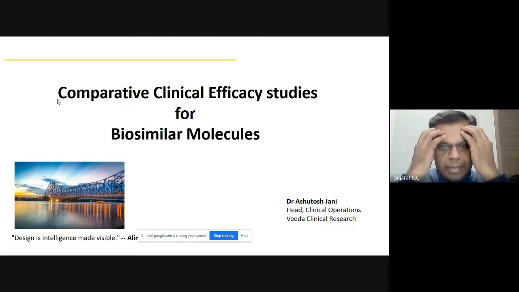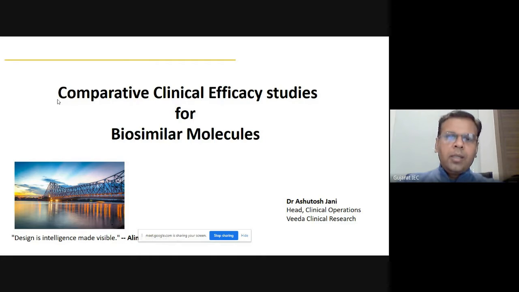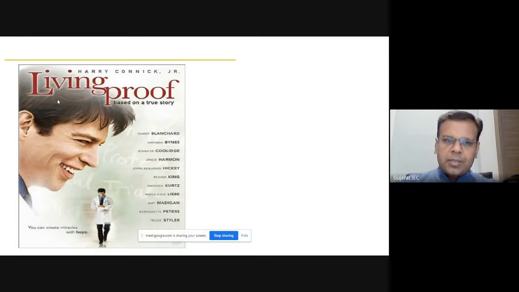Anyway, you all know that biosimilars are a very vast subject to discuss. We'll be touching a very small aspect of it with respect to the clinical efficacy studies, because that's a really important part of the evolution of biosimilars.